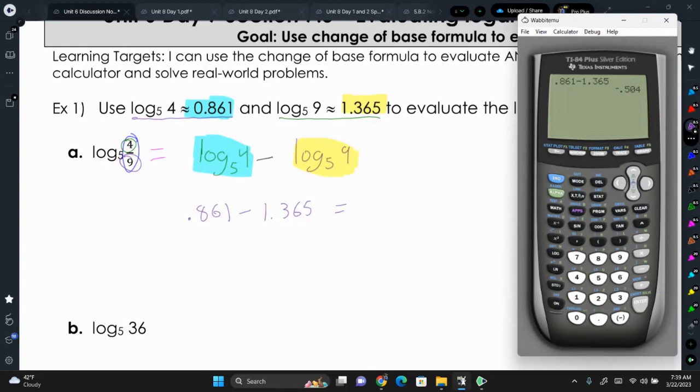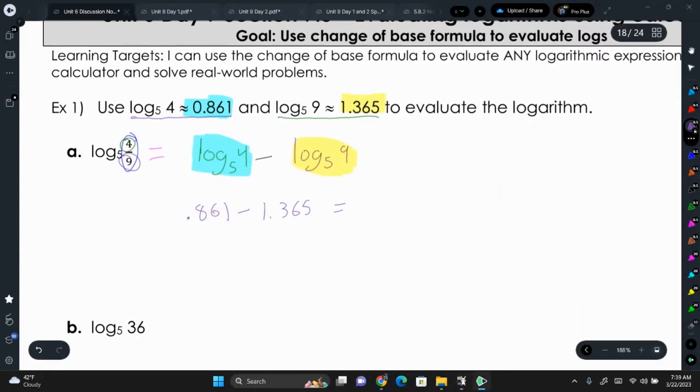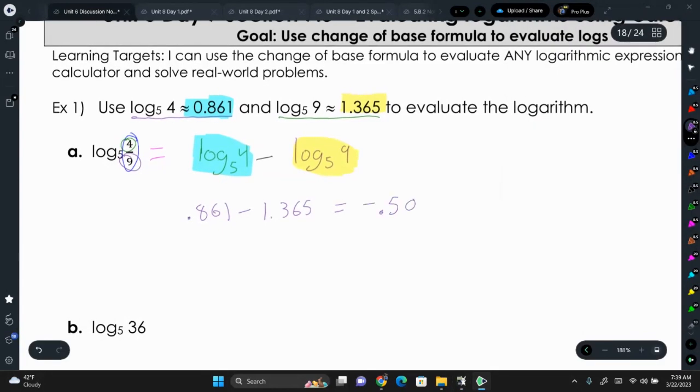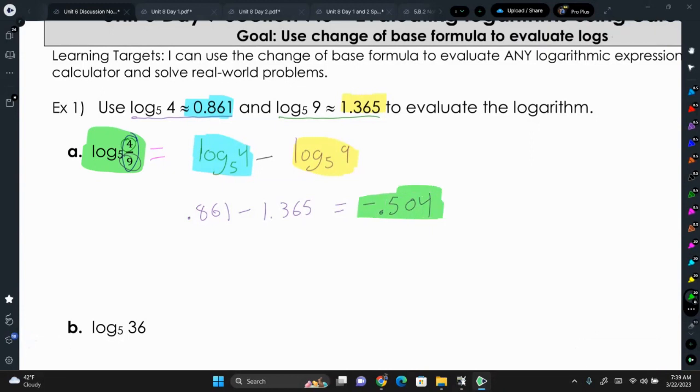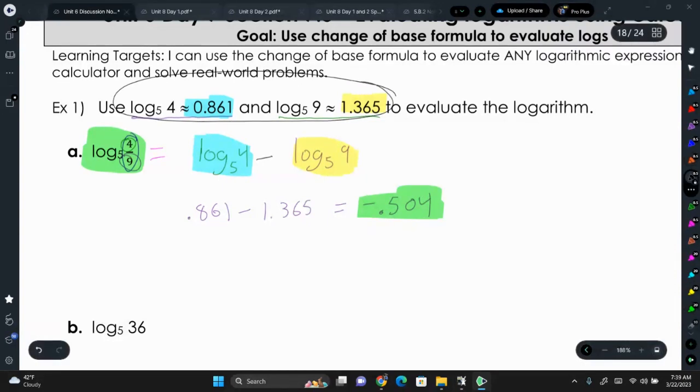And that is equal to negative 0.504. So that means this log base 5 of 4 over 9 is equal to negative 0.504. So we substituted what we knew. And again, we had to have been given this information up here to figure out this log.